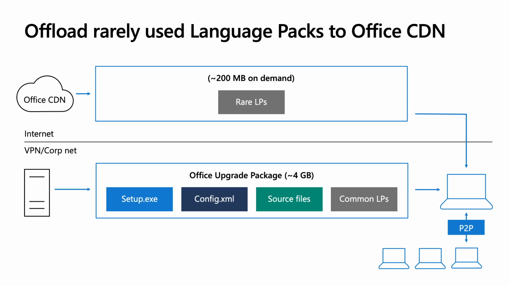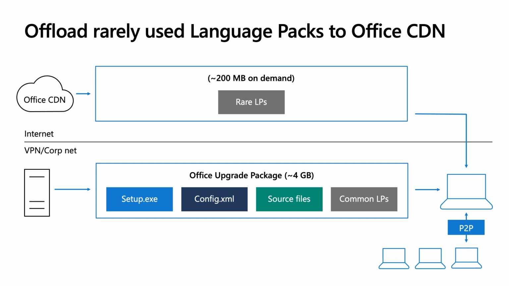But I excluded all the language packs that I don't need so often and enable the client to download them on demand when needed. And that's typically a 200 megabyte download because the client only downloads what it needs out of the language pack. So not the complete language pack, but only the portions which are required. So if you're deploying the Microsoft 365 apps, but you're excluding, for example, Access and Publisher, the language portions for these two applications will not be downloaded.